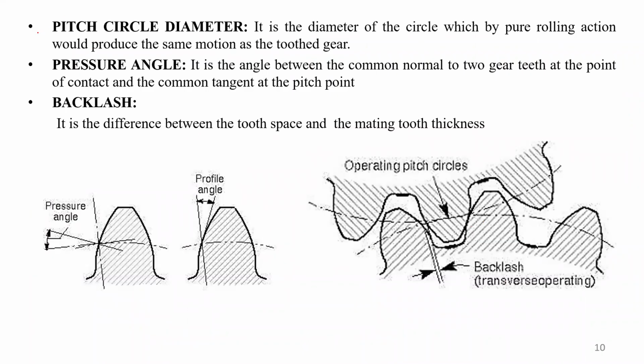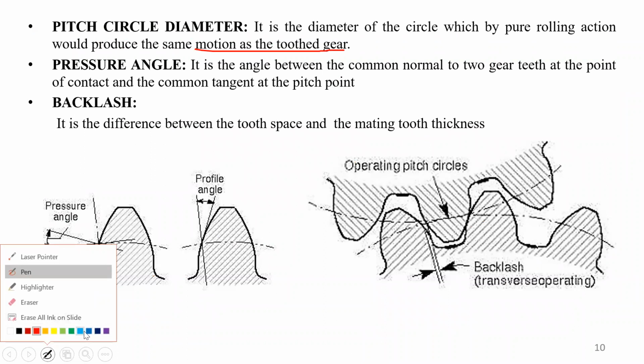Next, the pitch circle diameter. It is the diameter of the circle which, by pure rolling action, would produce the same motion as the toothed gear.